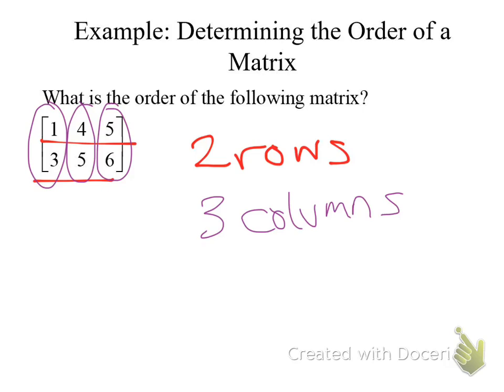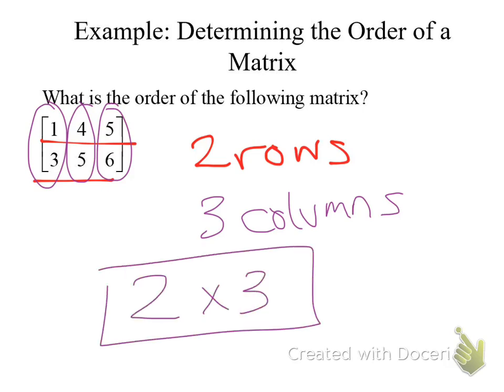Because of that, this matrix order is 2 by 3. The order you write those two in does matter, because otherwise you could mix up how many rows and how many columns I have, and that makes it kind of hard to talk about different pieces.